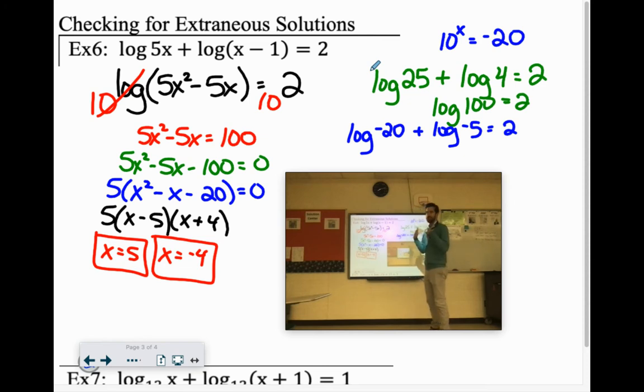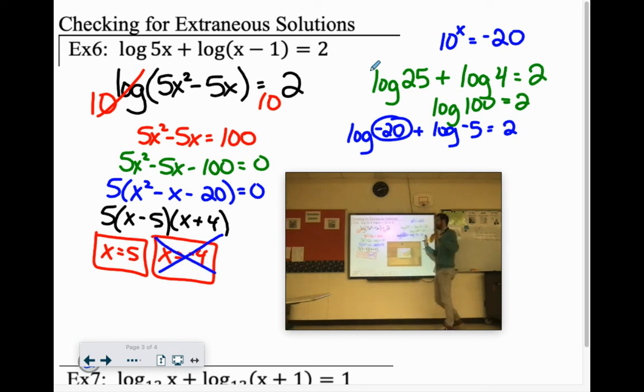Because even if you had a negative exponent on the 10, it would come out as a fraction. So you can't go from a positive number with an exponent and make it negative. If you put log base 10 of negative 20 in your calculator, it's going to tell you it's undefined. So you can never have a positive base with a negative number here. That makes this an extraneous solution.